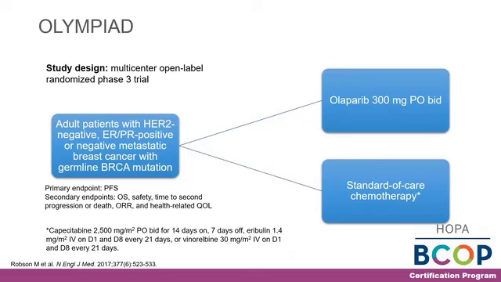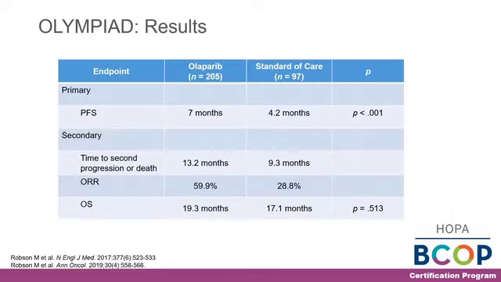The primary endpoint here was progression-free survival. And progression-free survival in patients who received olaparib was 7 months compared to 4.2 months, and this was statistically significant. And I have the secondary endpoints here listed for your reference as well.